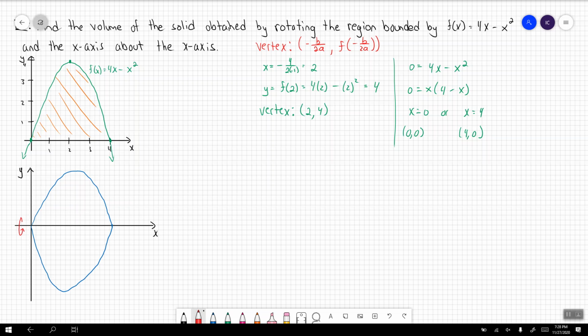Notice you're going to see me put this rotation symbol on whatever axis we're rotating about. And therefore, we now create these figures here. In my mind, it kind of looks like a Christmas ornament.